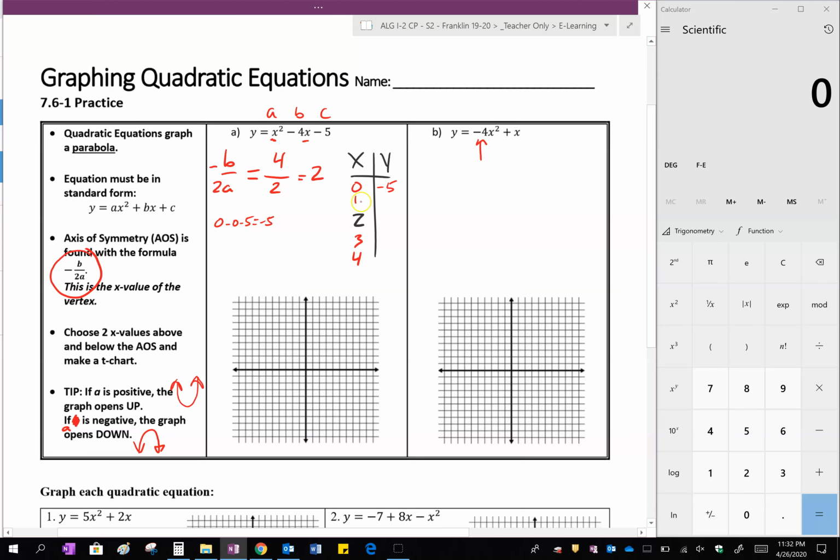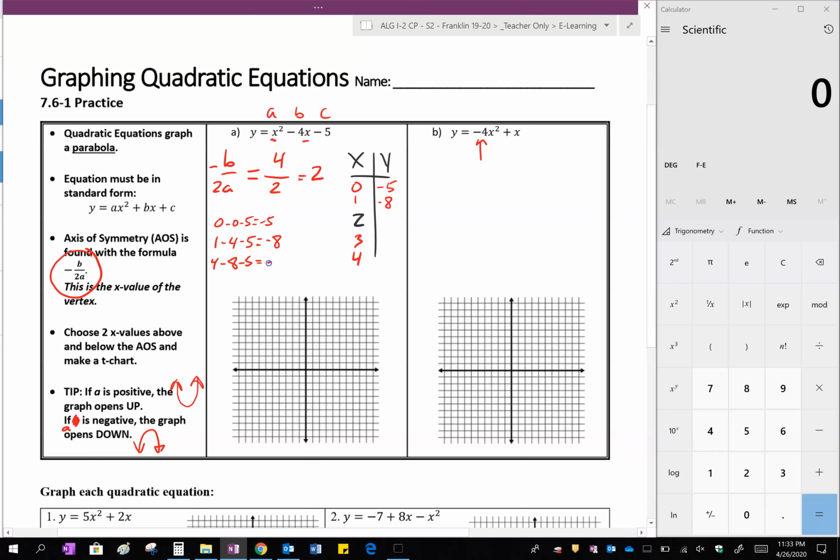Okay, let's do 1. 1 squared is 1. 4 times 1 is 4, so 1 minus 4 minus 5. 1 minus 4 is negative 3, minus 5 is negative 8. Okay, 2, this is the vertex, the axis of symmetry. 2 squared is 4. 4 times 2 is 8, so 4 minus 8 minus 5.